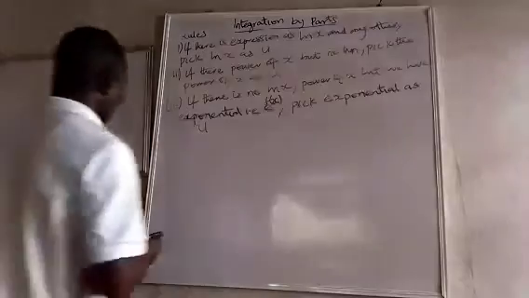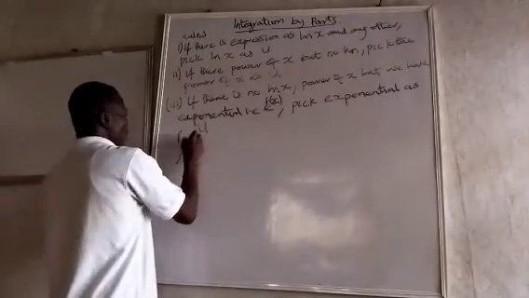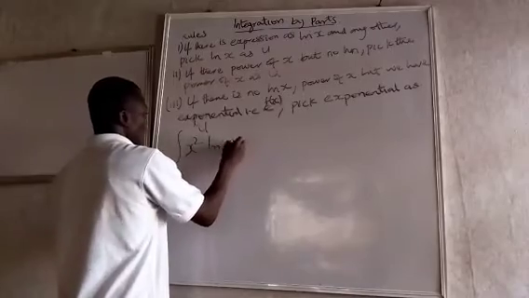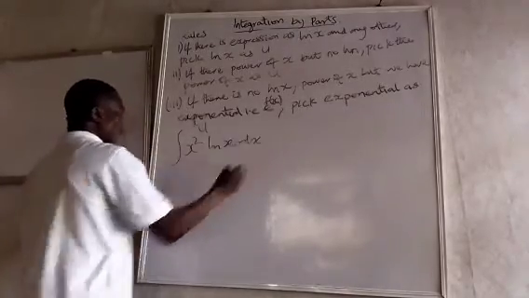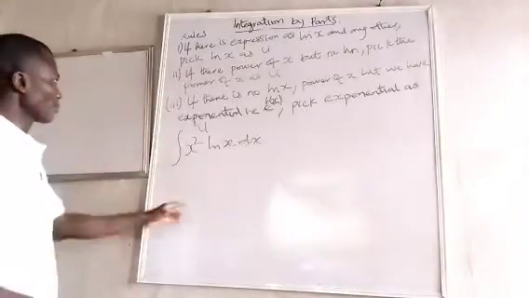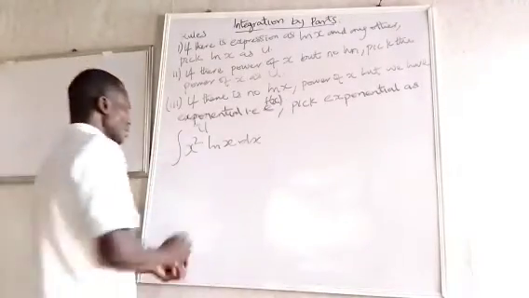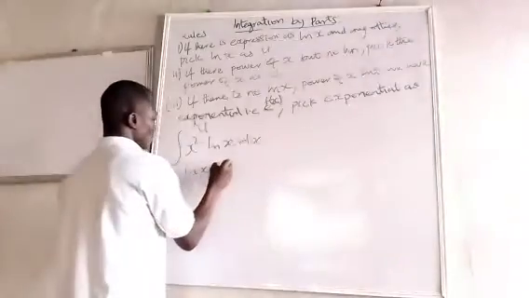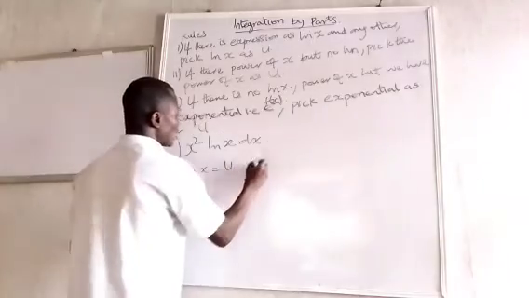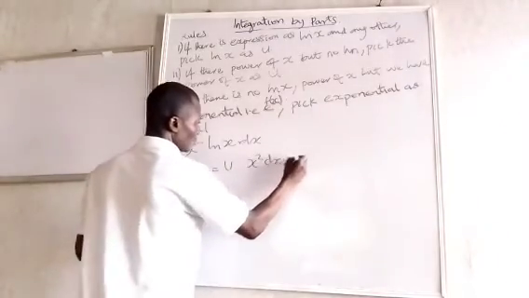Now we'll do certain examples. Let's do x squared ln x. You can see from our rules that we take ln x as our u. So in this instance, ln x is u and x squared dx is dv.